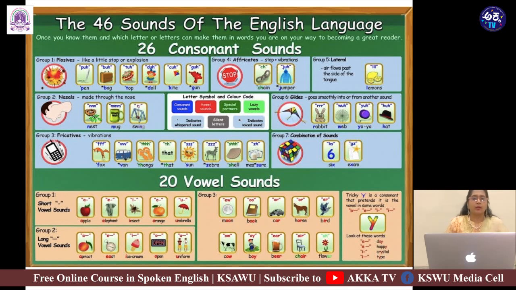Other sounds are from a combination or a mix-up of vowels: moon, book, car, horse, bird, cow, bay, boy, beer, chair, flower. The word beer is always mispronounced.